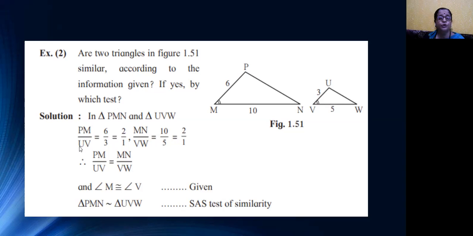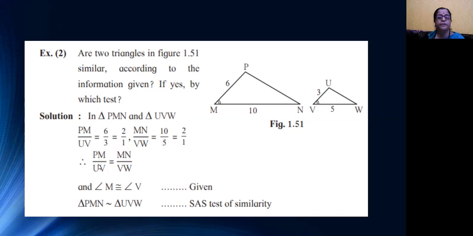PM divided by UV is 6 divided by 3, which is 2:1. MN divided by VW is 10 divided by 5, which is also 2:1. The proportionality is the same.